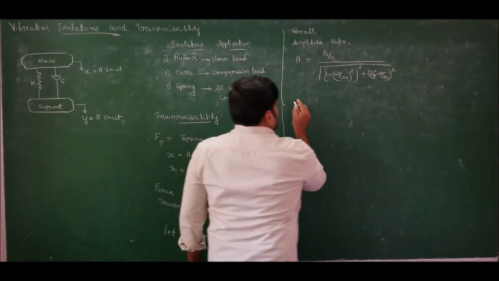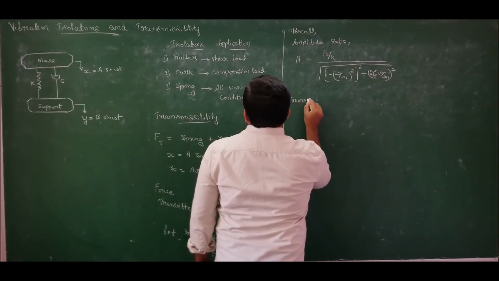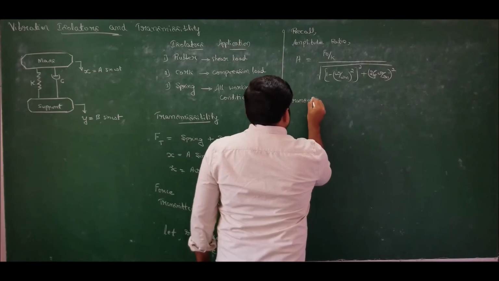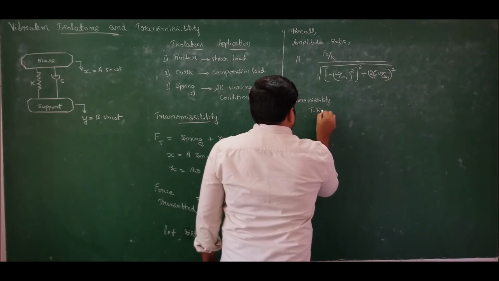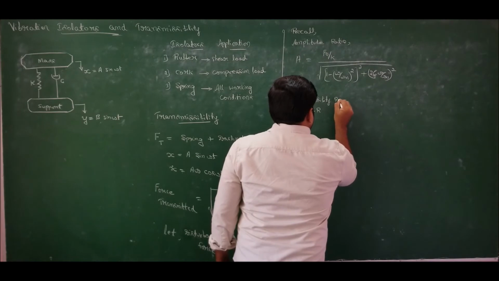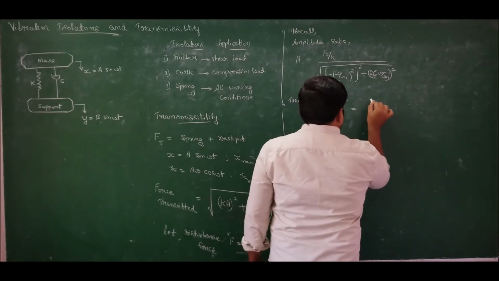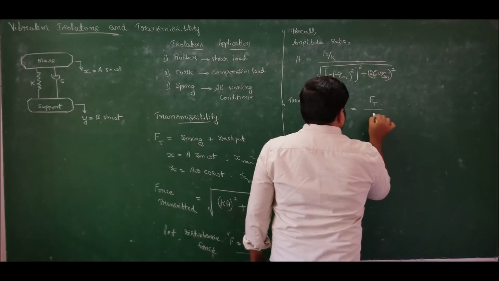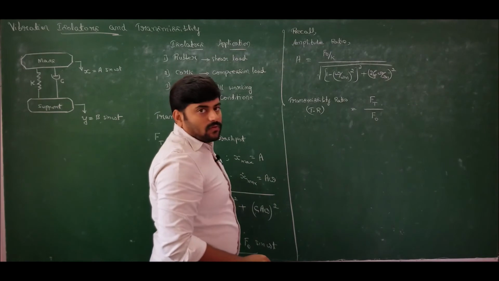Now the transmissibility ratio, defined as T R, is nothing but the force transmitted to the excitation or disturbance force.